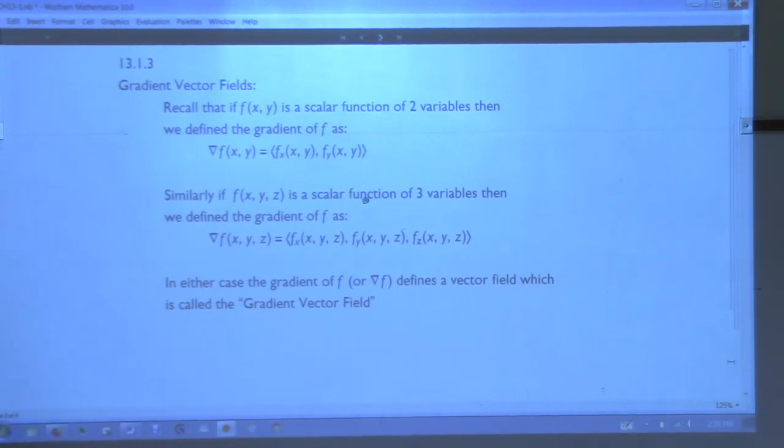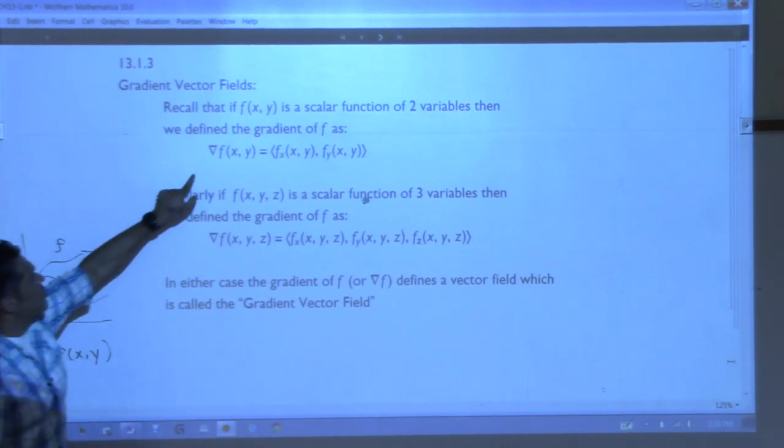Remember that we have been dealing with surfaces, hadn't we? Z equals f of x, y was always some surface, right? This is our function f in three-dimensional space. Whenever we had a function of two variables like this, we defined the gradient of the surface.